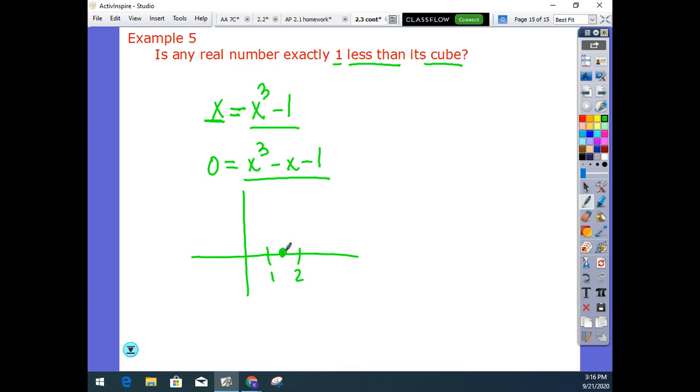So that means that there is an x value that equals 0. That's a solution to this equation, because this value right here tells me where this equation equals 0. I didn't graph it for some reason, but if you graph it on your calculator, I just made a note that it crosses somewhere between 1 and 2, so yes, there is.